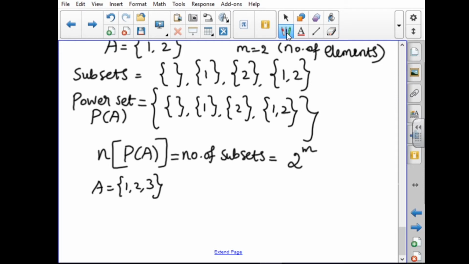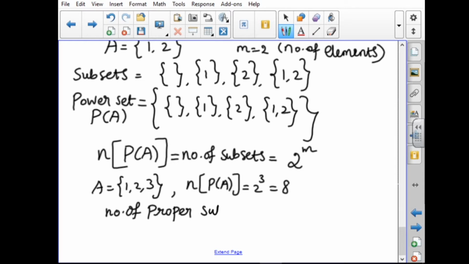If A is equal to {1, 2, 3}, we can write n of P of A is equal to 2 power 3, which is 8. Now the number of proper subsets. Number of subsets means you use 2 power m.